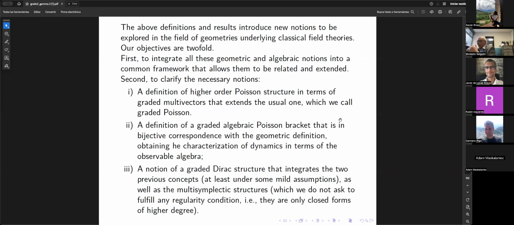And our proposal is that people use these definitions instead of the previous definition, because you can see that you need a dictionary just to know what is the structure that we are using. And of course, on the way to develop graded Poisson structures, you need to use these graded Poisson structures to define the corresponding graded Poisson brackets.